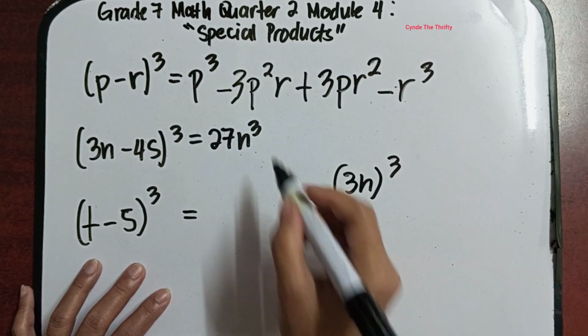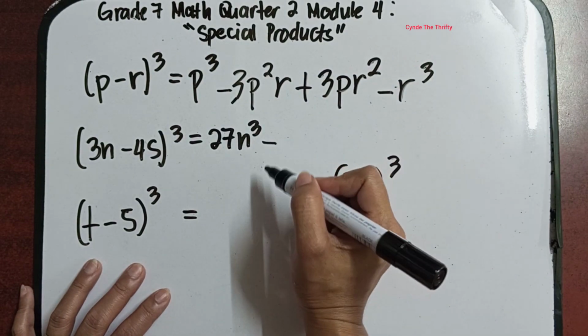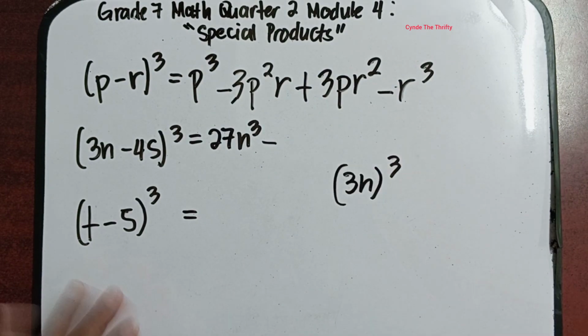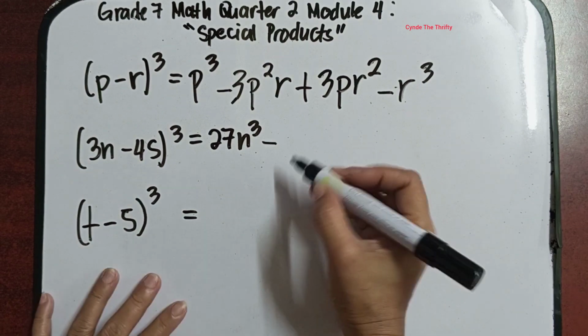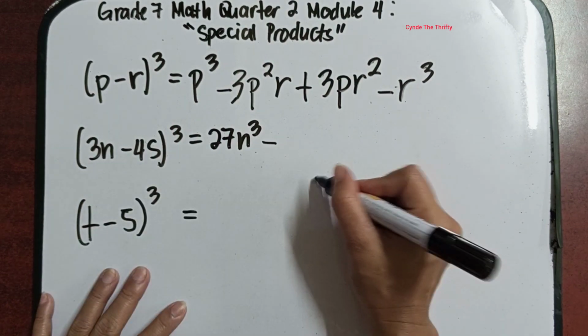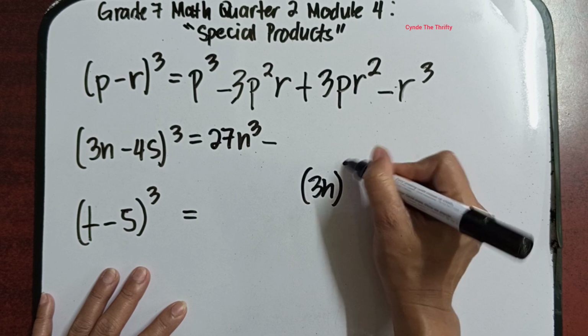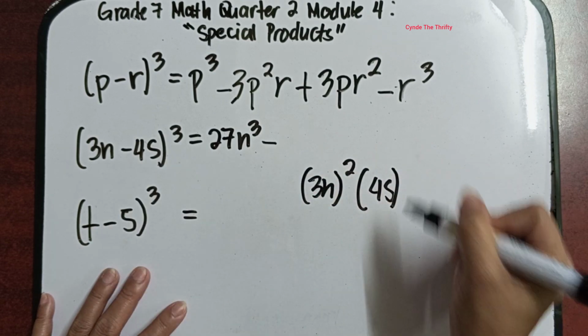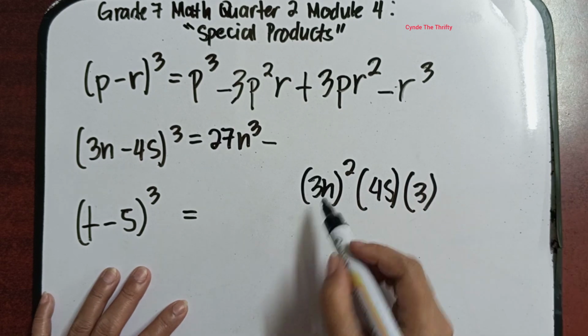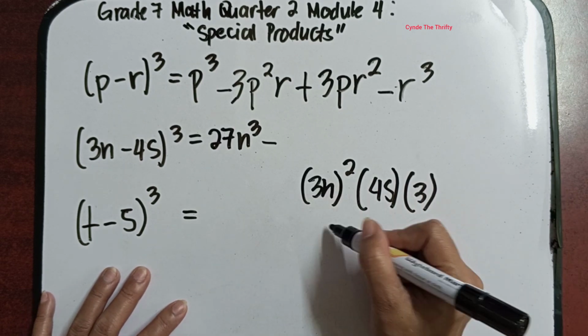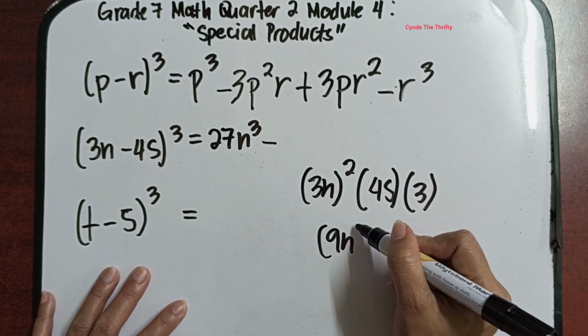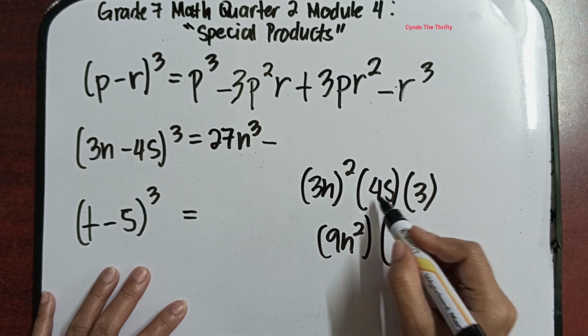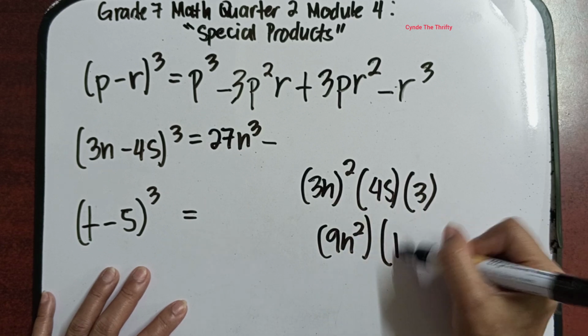And then next is, i-subtract natin ang square ng first term times the second term. Square ng first term is 3n squared multiplied by the second term na 4s and then times 3.